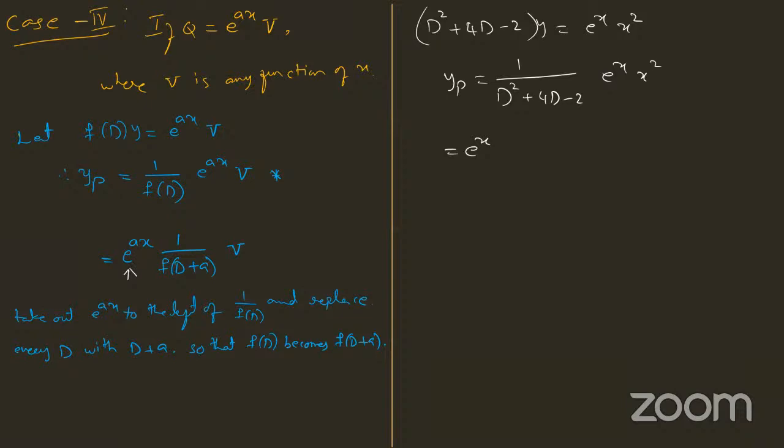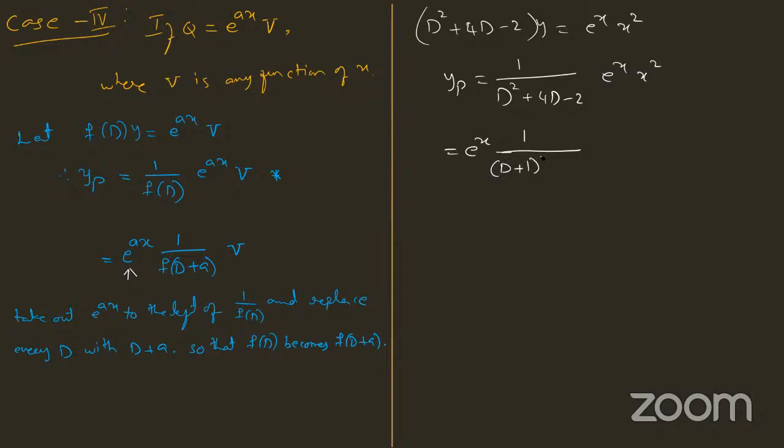You never use that anymore. That's a basic idea. So when you write e power x on the left side to this, you need to replace D by D plus a, means D plus 1 here. See, the coefficient of x is 1, right? So wherever you have a D, in place of D now, we need to write it as D plus 1.